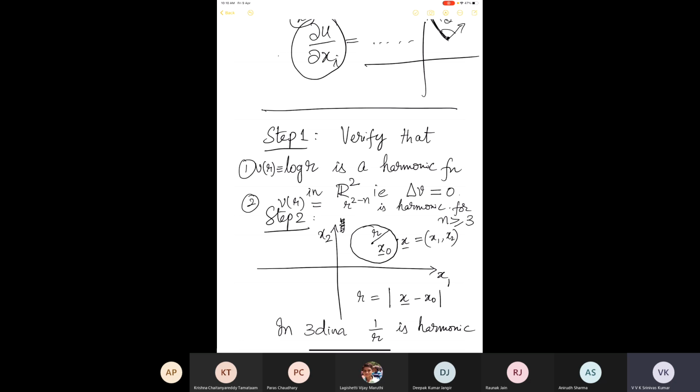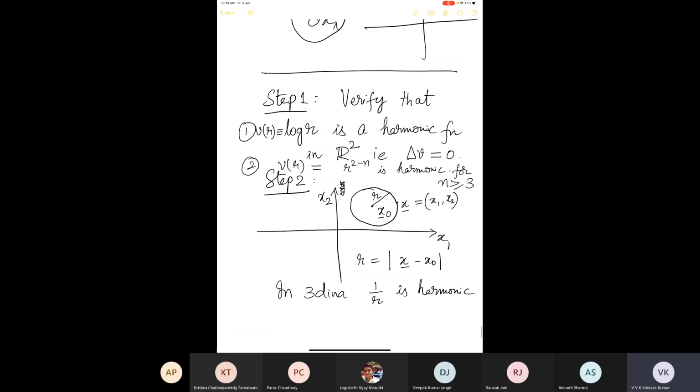If you see this function v of r, or this 1 by r, they are not defined at x naught.